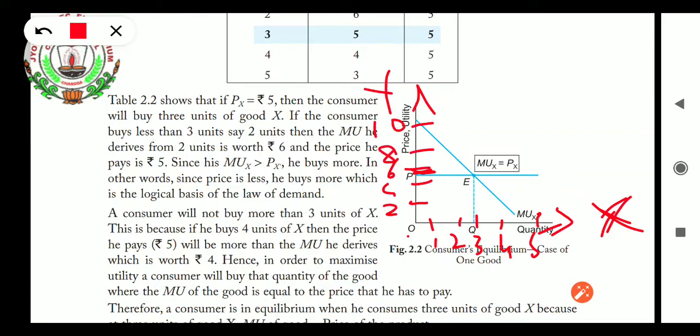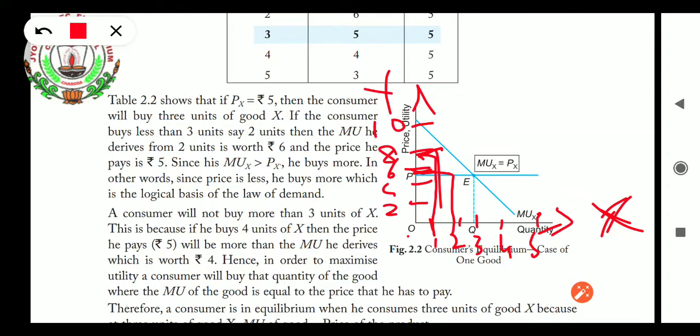So the way the consumer was purchasing, in the graph we can see, when he was consuming 1 unit, his satisfaction level was 8. When he purchased 2 units, his satisfaction level went to 6.